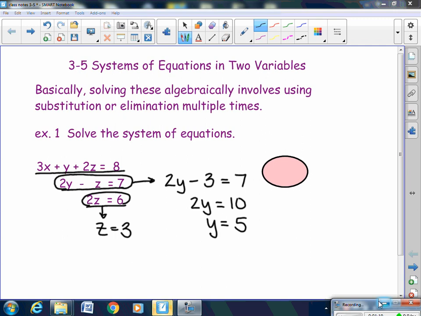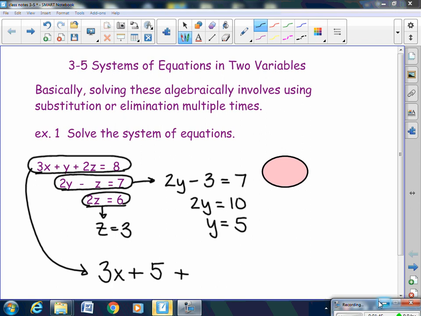So now that we know z and y, we can go back up into this longer one and substitute those numbers into 3x plus y plus 2z equals 8. It's going to look like 3x plus, in place of y, I'm going to put 5, and in place of z, I'm going to put 3.